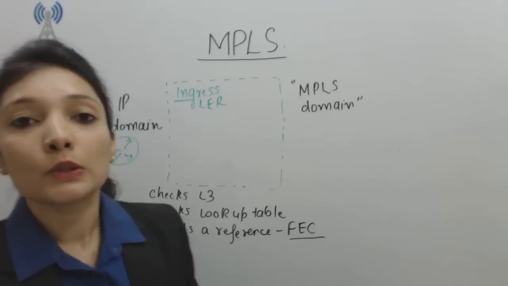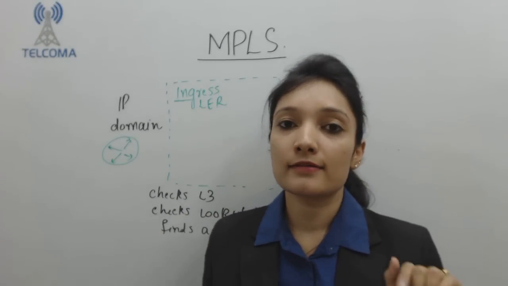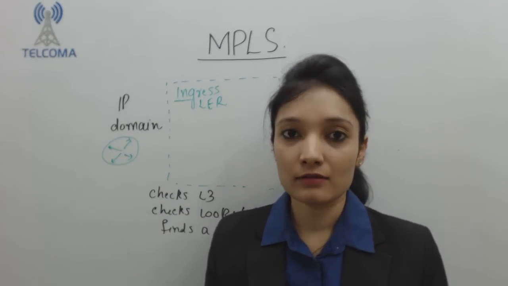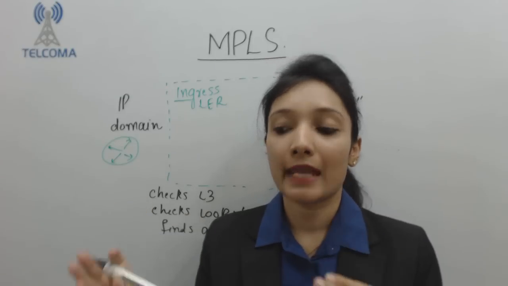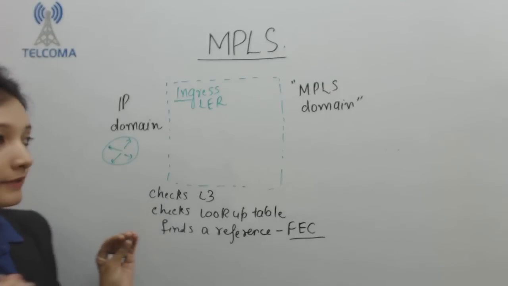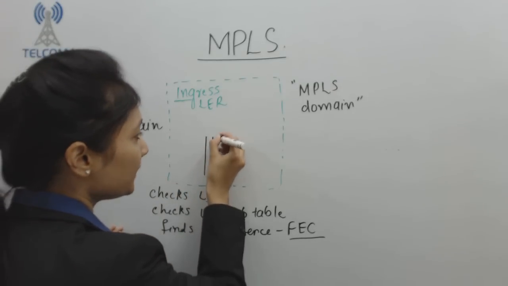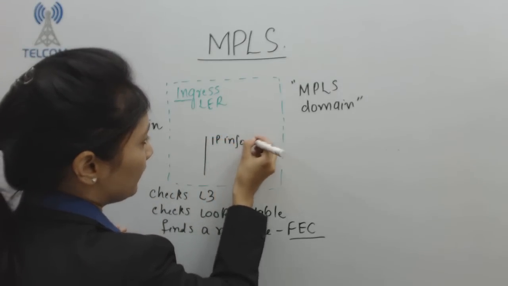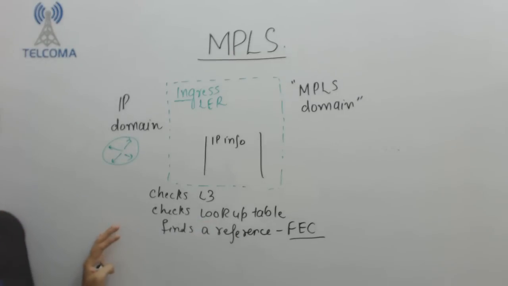This forwarding equivalence class basically describes a set of similar packets which can be forwarded in the same way. For example, here it will have the IP info, and at the other end you will have the label.